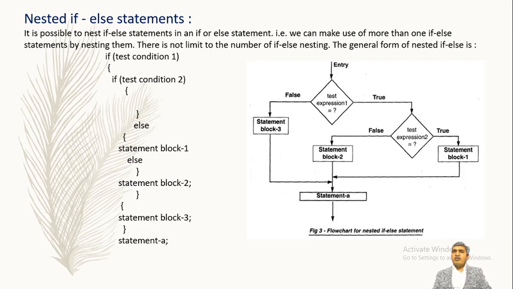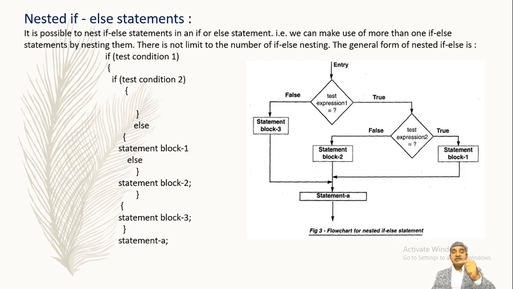The general form of a nested if else statement: first consider a flowchart. Enter the test expression. If it is true, then check the second test expression. If that is true, then statement block 1 is executed.